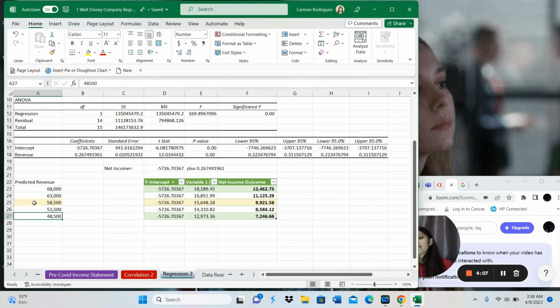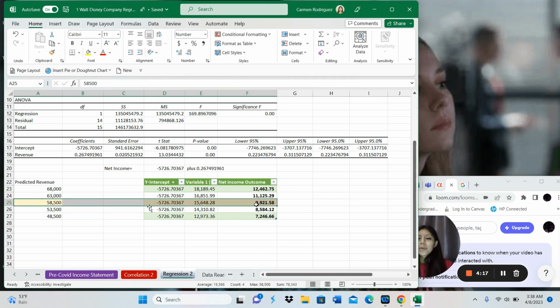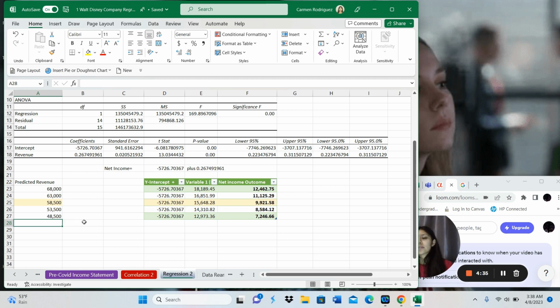Our estimated average over the last 5 years before pre-COVID is $58,500 right here. But we also want to be able to predict our net income if we get a lower revenue or if we attain a higher revenue. I wanted to test it in increments of $5,000. For example, the lowest I put in this test is $48,500.